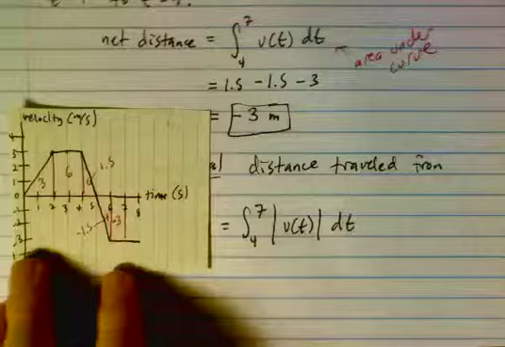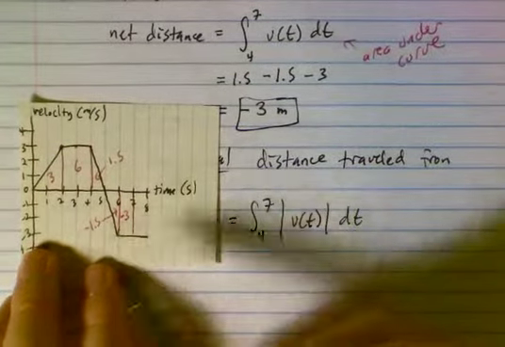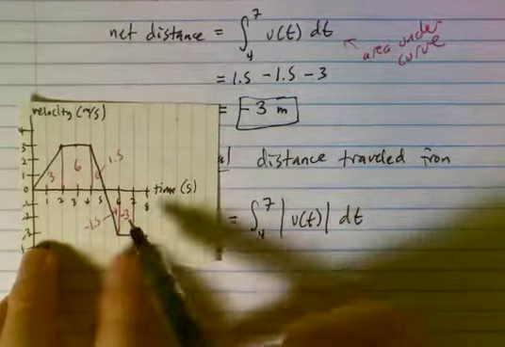And so instead of subtracting these negative areas, there is no negative area basically. We're just going to add what's down here.